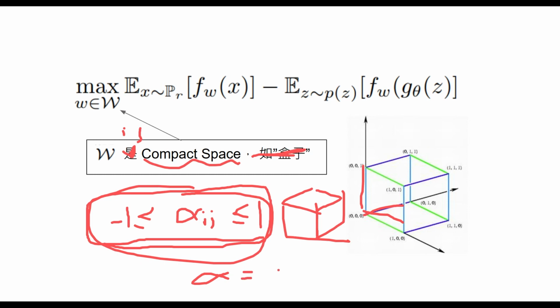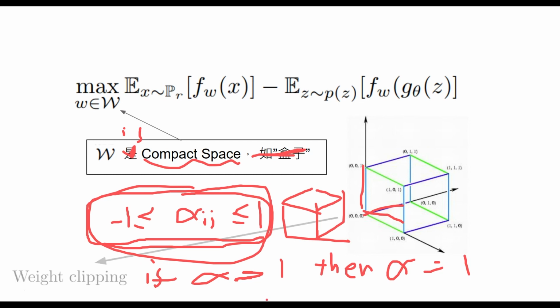So if alpha is greater than 1, then we put alpha equal to 1. So we clip the value.